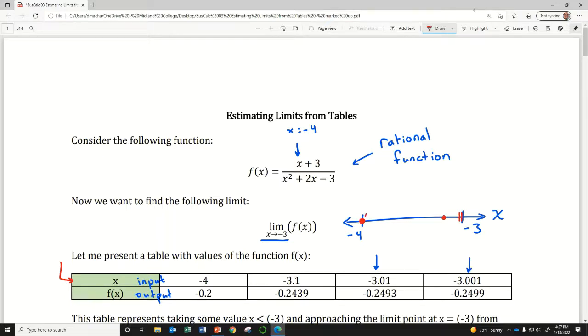So what we've been doing is approaching x equals -3 from the left. As we're approaching from the left, we're taking a left-sided limit.